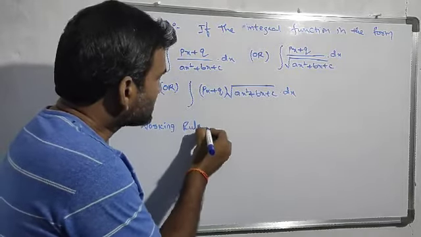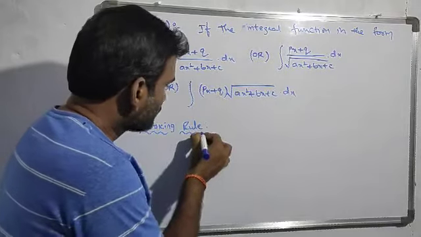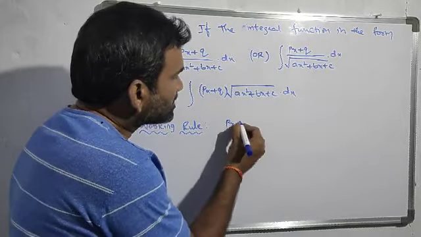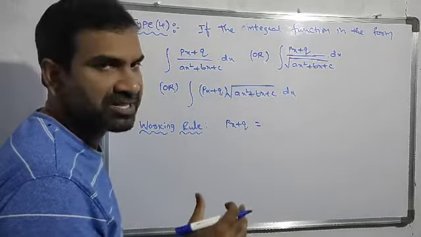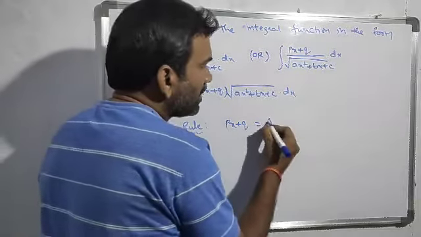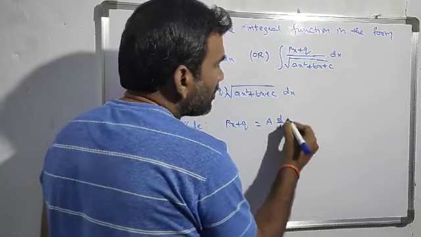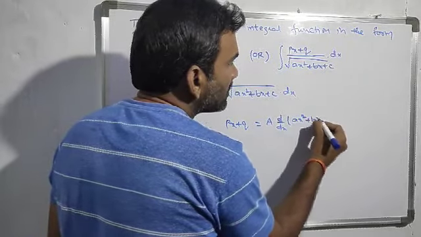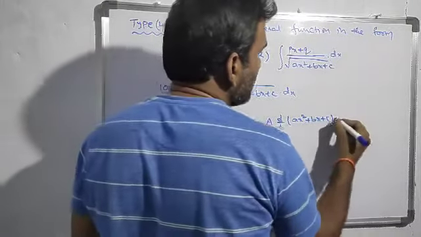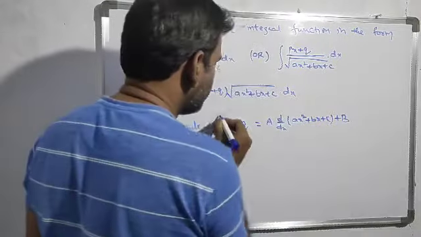Working rule is px plus q, the first degree polynomial, equal to A into d by dx of the second degree polynomial given, plus capital B.